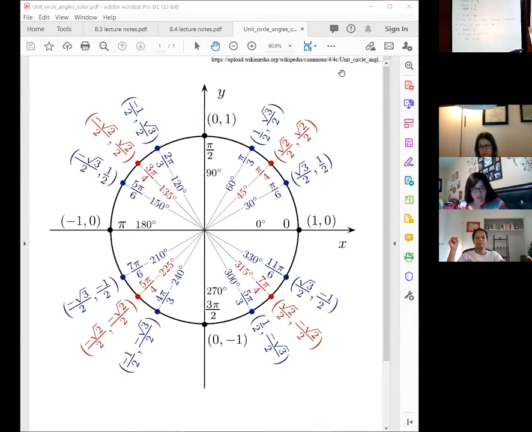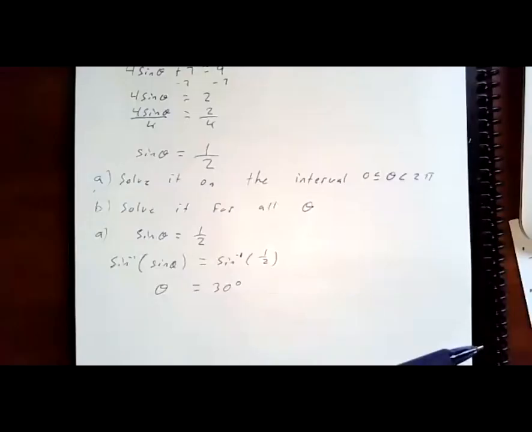Shoot, forgot the name. One moment. I just said it like 5 minutes ago. Reference angle. Coterminal and reference.